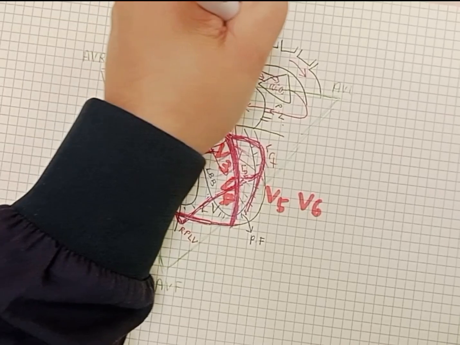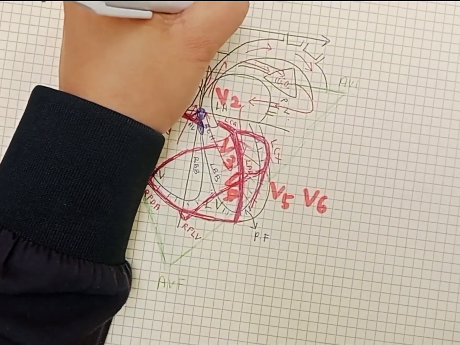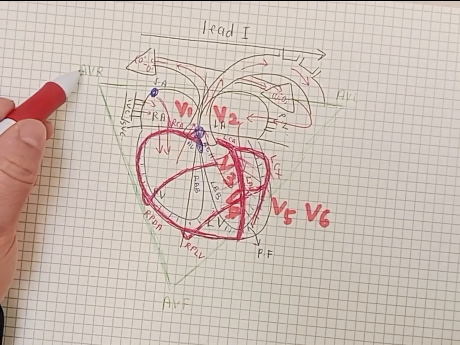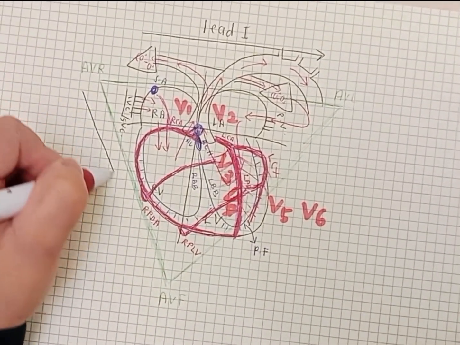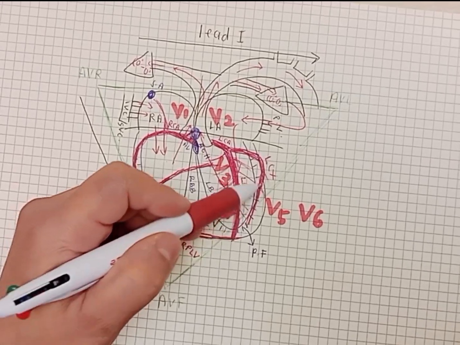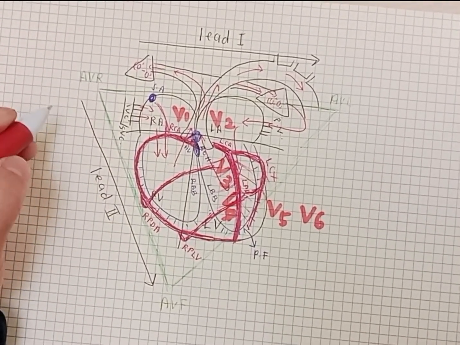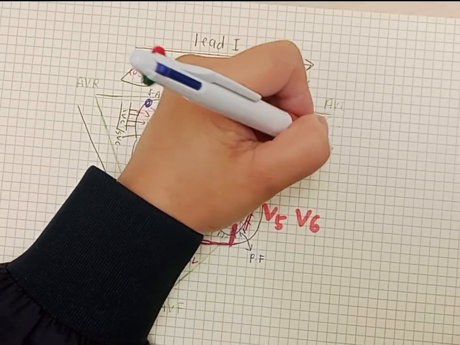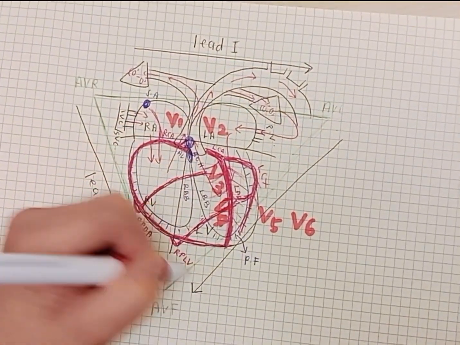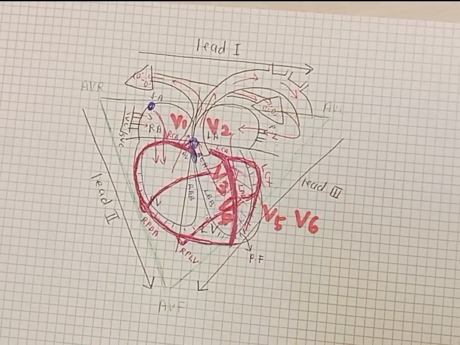And we have three limb leads. From the aVR going to the lateral side, aVL, we call it lead 1. From the aVR going to the apex, from the SA node to the AV node, to the Purkinje fiber of the apex, we call it lead 2. And from aVL to the foot, we call it lead 3.